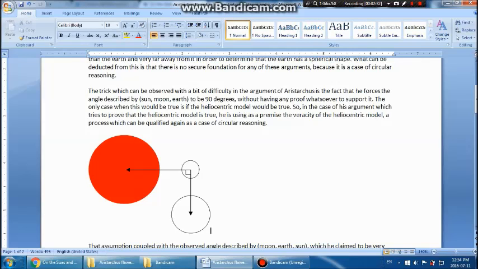So the angle described by the sun, moon and earth, he forces it to be 90 degrees because of the previously mentioned reasons. He considered every celestial body to have a spherical shape, and therefore an observer could see a half moon above his position only if this angle is 90 degrees.